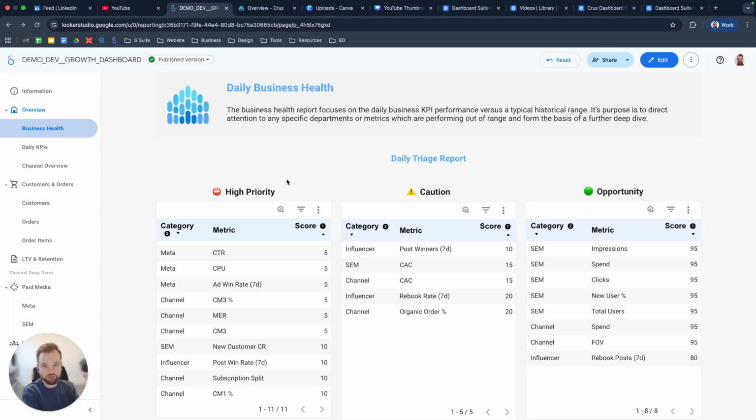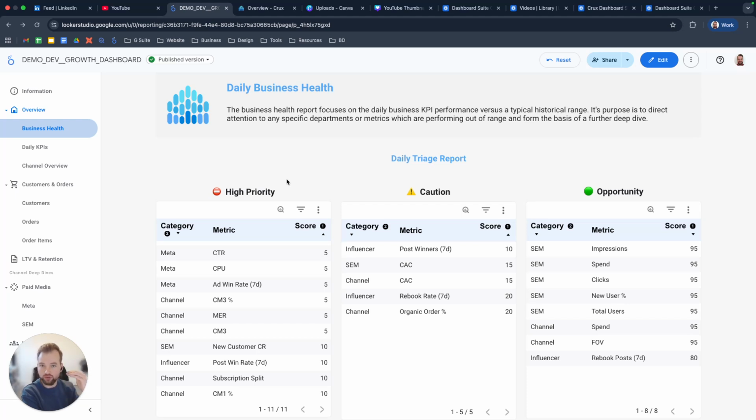As an example, for every Monday, for your conversion rate, for your Meta click-through rate, we're looking back at the past 12 Mondays to get the top range, the mid-range, the bottom range, and all of the percentages in between. And we're saying, is this metric right now at the top of that range, in the middle of that range, or at the bottom of that range?